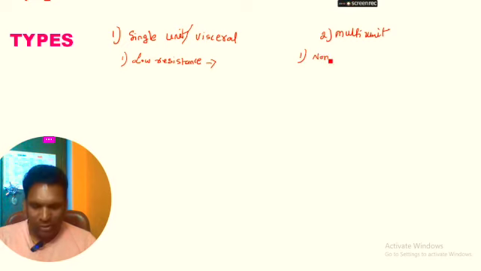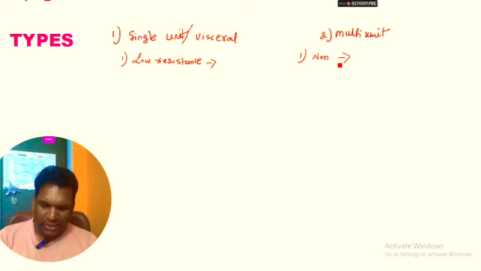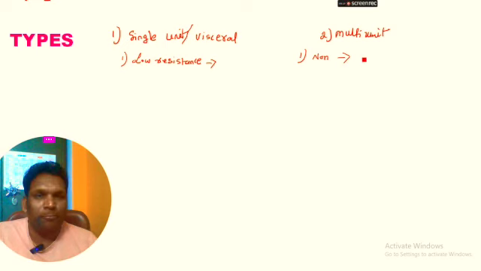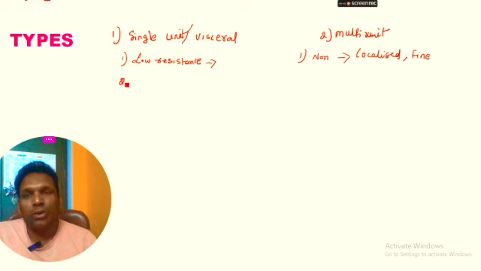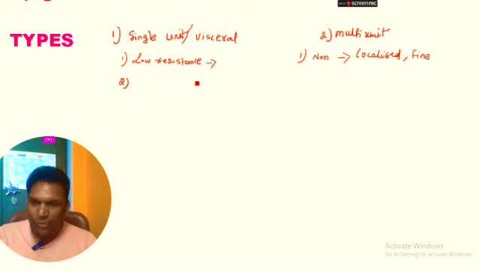This is the first difference. Now the second difference is the sites where these fibers are located. Single unit fibers are located in the wall of the hollow viscera, for example the GIT, uterus, ureter, bronchi and urinary bladder.